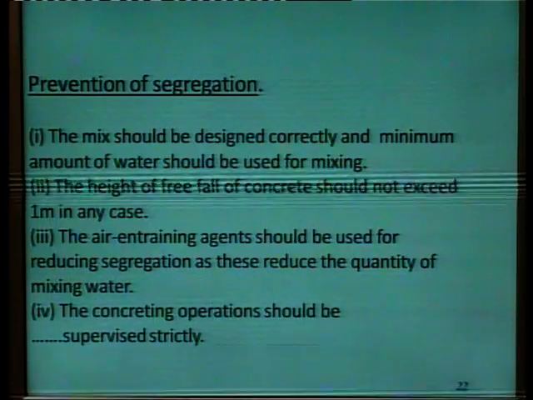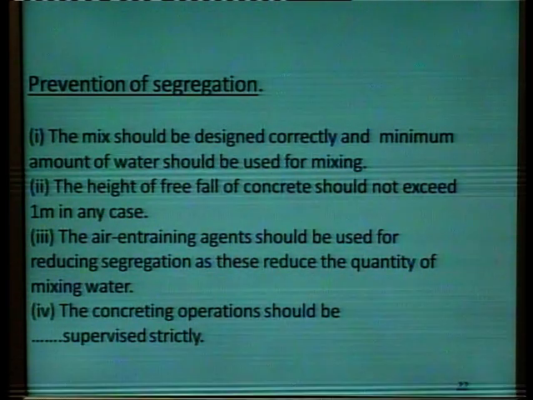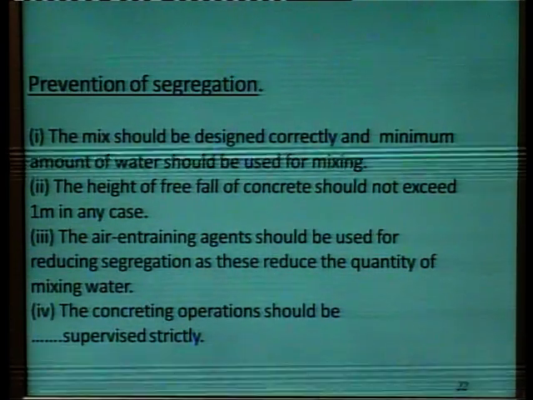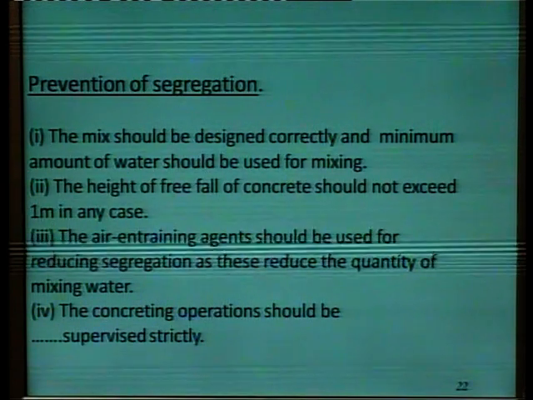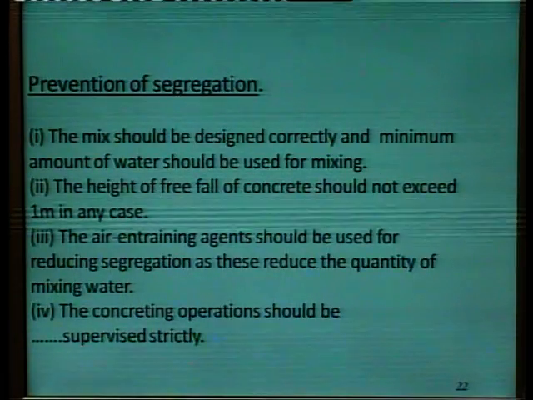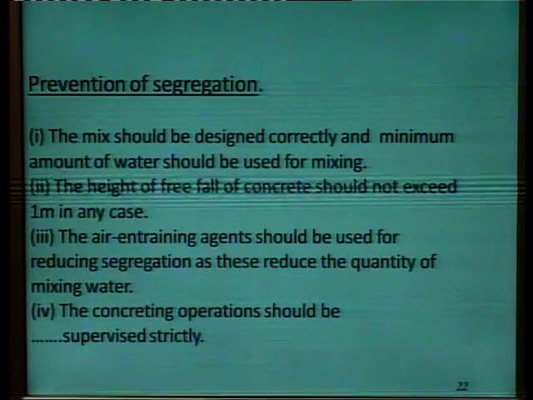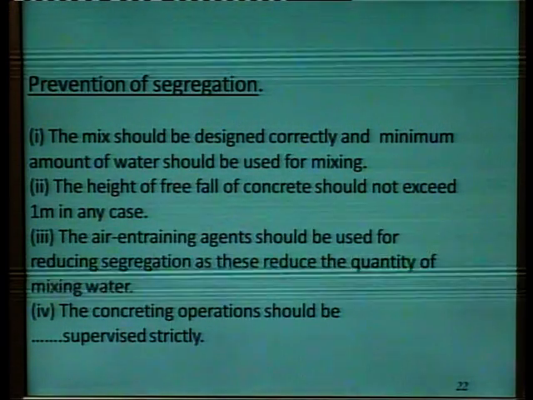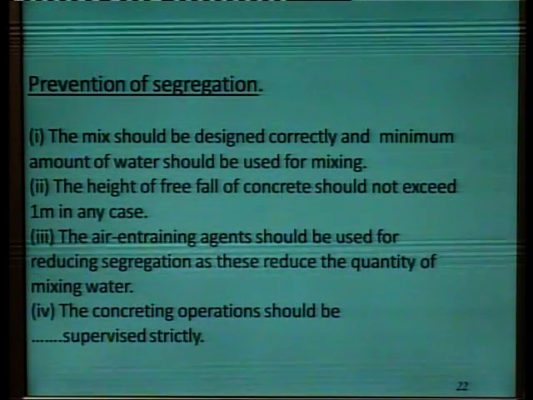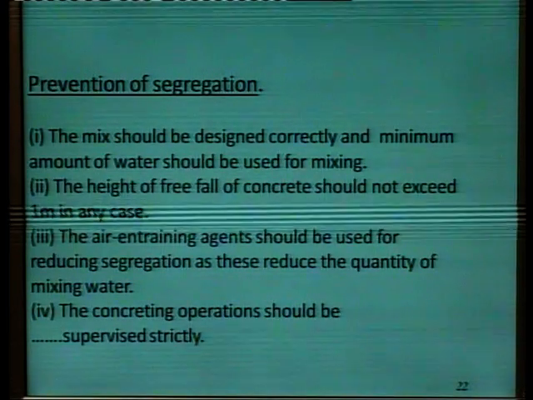Prevention of segregation. We can prevent segregation as the first is, the mix should be designed correctly and minimum amount of water should be used for mixing. Second is, the height of free fall of concrete should not exceed 1 meter in any case.